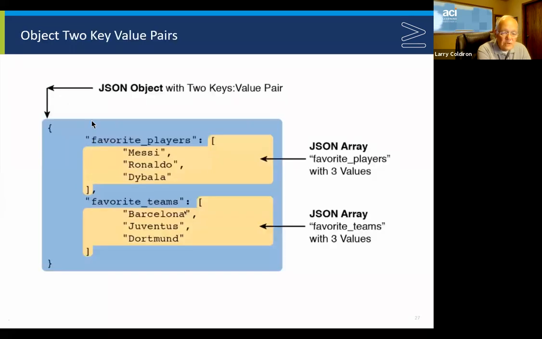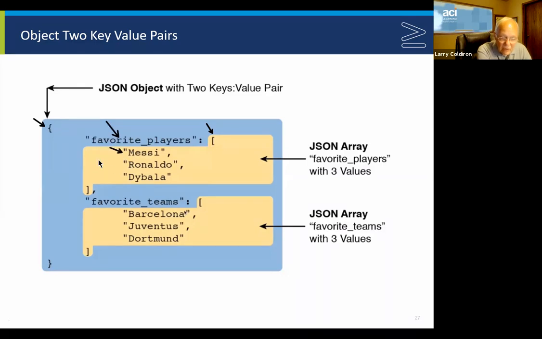Some other things, a JSON object here with two key value pairs, and these are taken from Wendell Odom's book. We have an object here, favorite players, and then we're going to have a listing here, an array that goes on. An array again is just a list, but within the array we have the key here, the favorite players, and then the data.